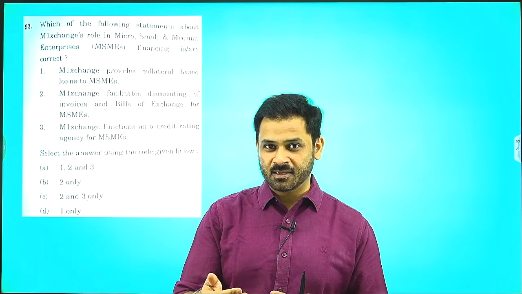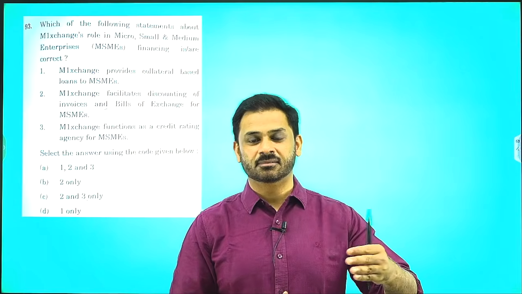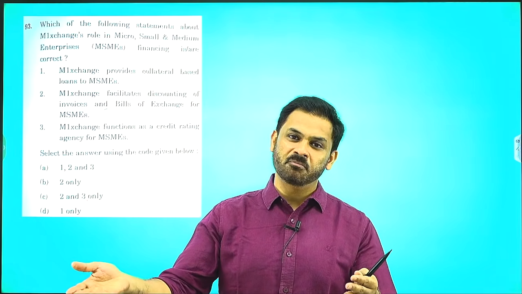There, whenever the invoice has been generated by an MSME, it is put in this platform, which can be subscribed or discounted by the banks or the NBFCs. So the banks will finance the MSMEs on the basis of this invoice, and later on that payment will be made by the buyer to the bank.